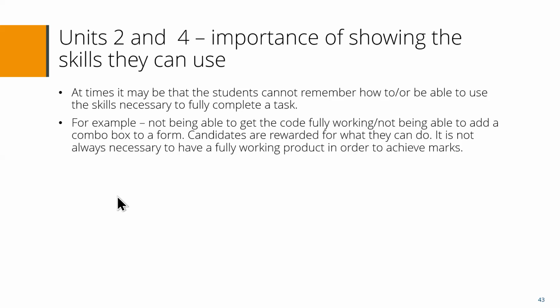Now then, the important thing here is in papers 2 and 4, and this is really quite complicated at times. We have the problem of rewarding what they can do, not what they've got wrong. And this can lead to the bizarre circumstances of what we call follow through. Okay, a candidate makes a mistake early on in their database task.